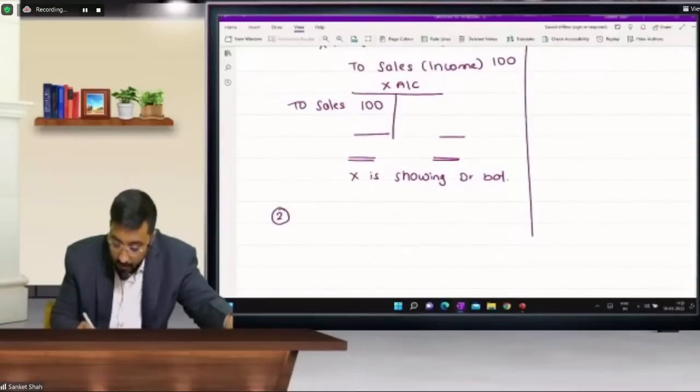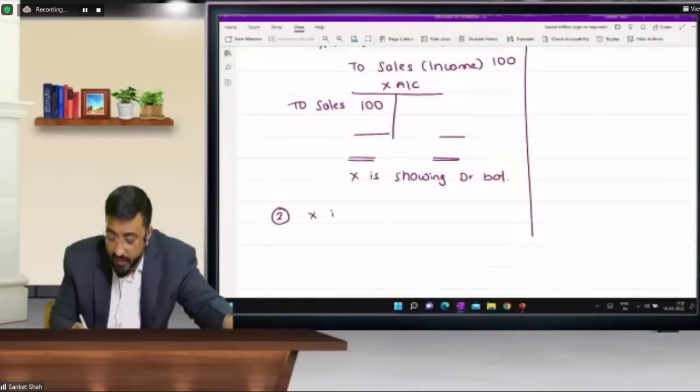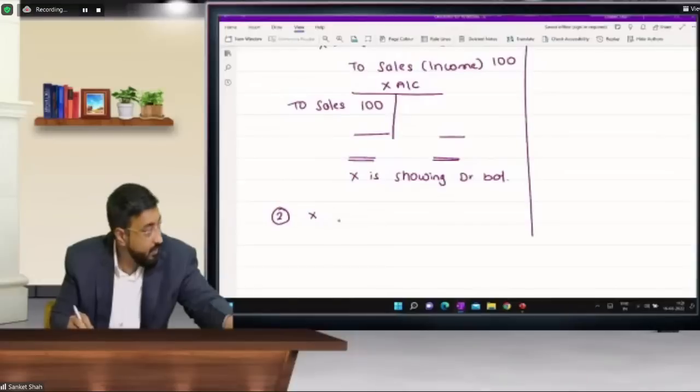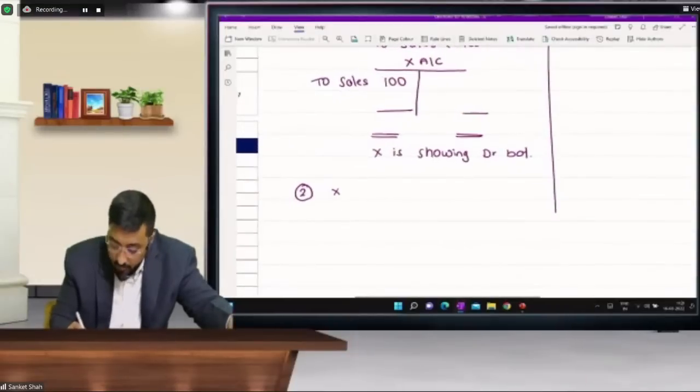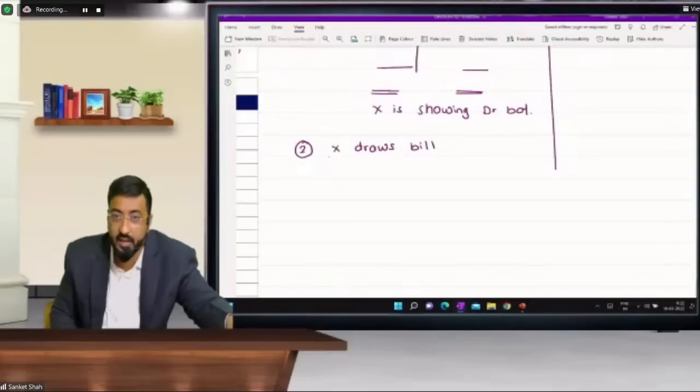second entry. Whether X is getting cash? No beta, this is a bill of exchange. So X is not getting cash, X draws a bill. Okay, X draws bill. So second transaction, X draws bill. Okay, sir. X draws bill. So what is the entry?